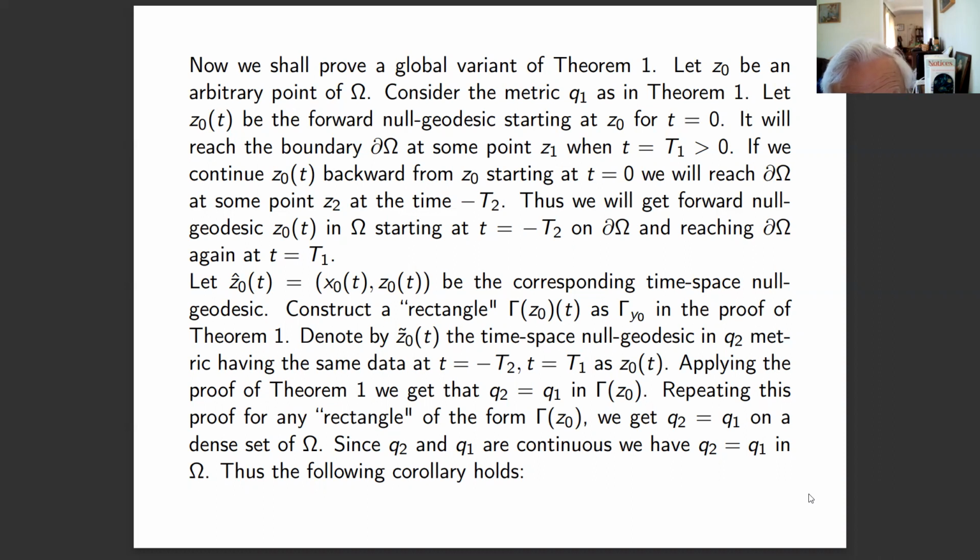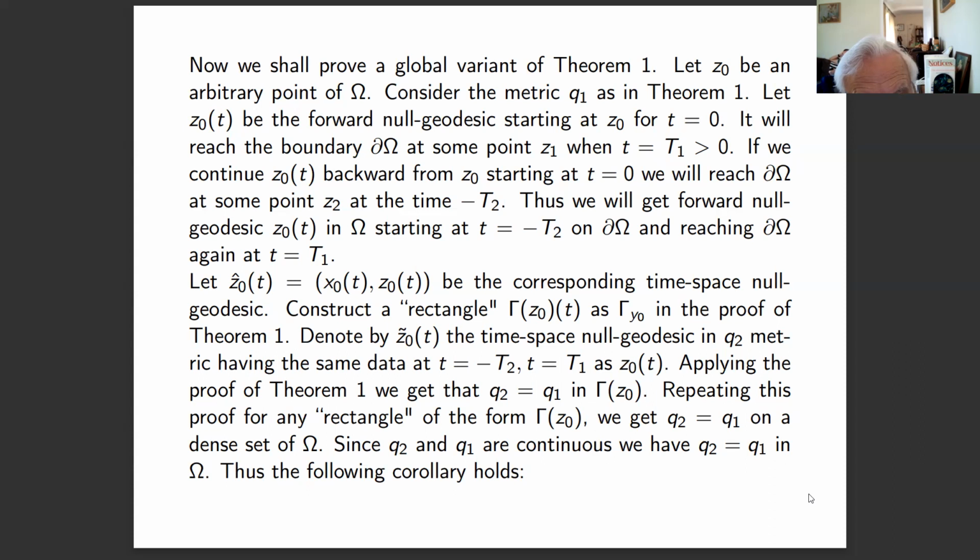Denote by z0 tilde this null space geodesic in Q2, having the same data at points minus capital T2, capital T1 as z0 of t.